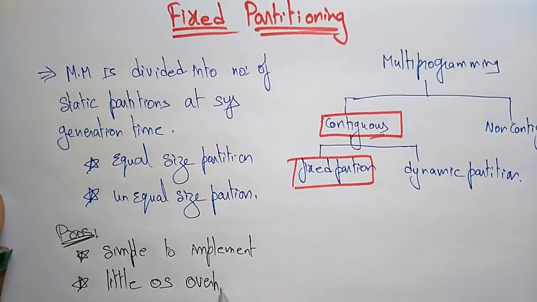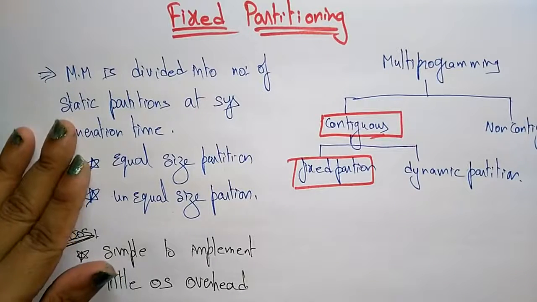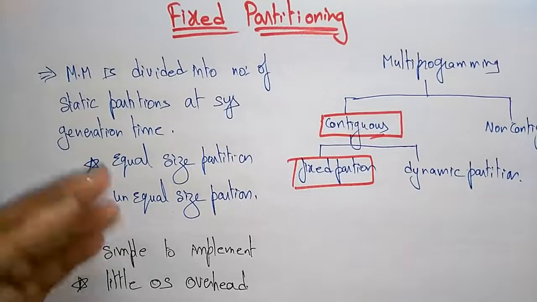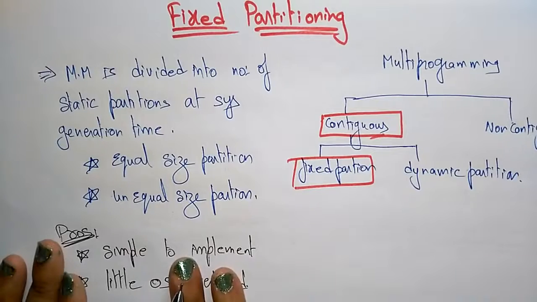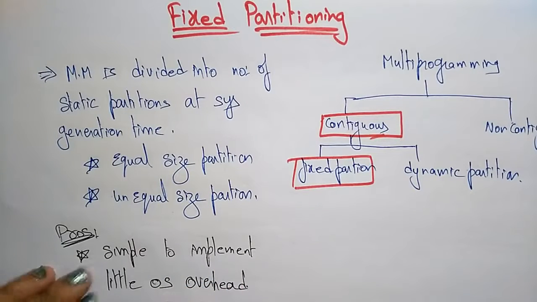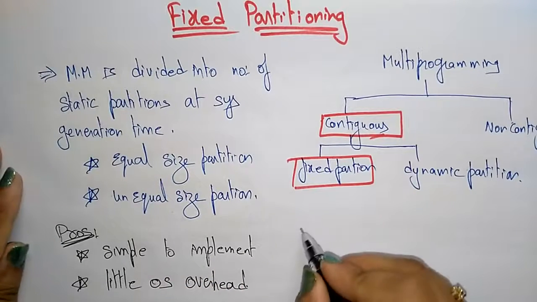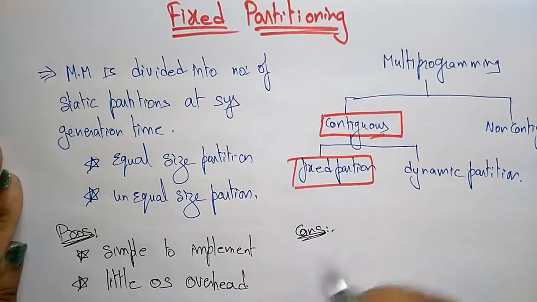Why only little overhead? Because it is a static partition, so you are allocating the memory statically. The partition may be equal or unequal, so we are not using anything dynamic here.